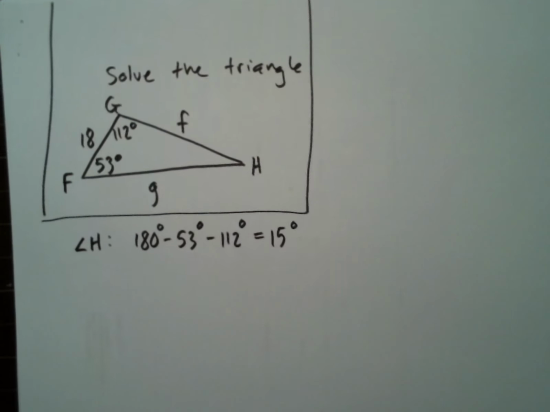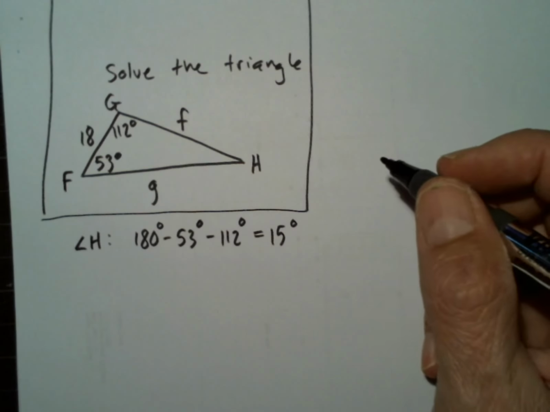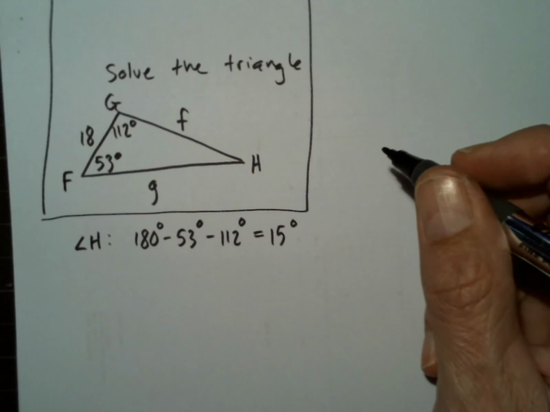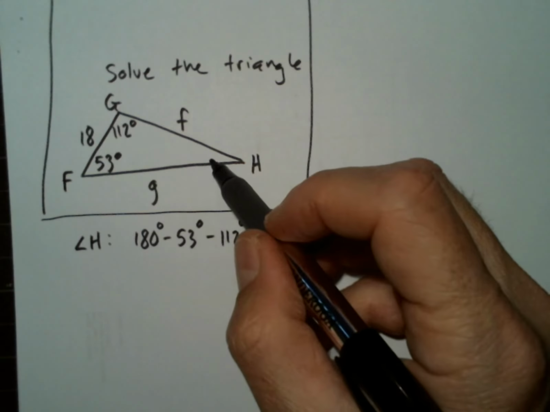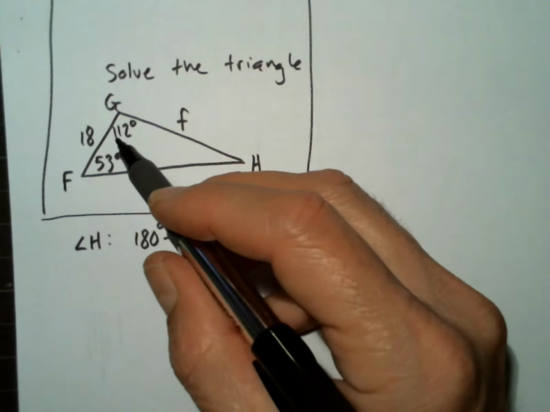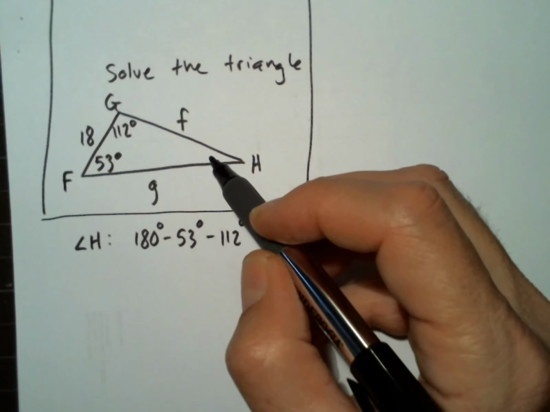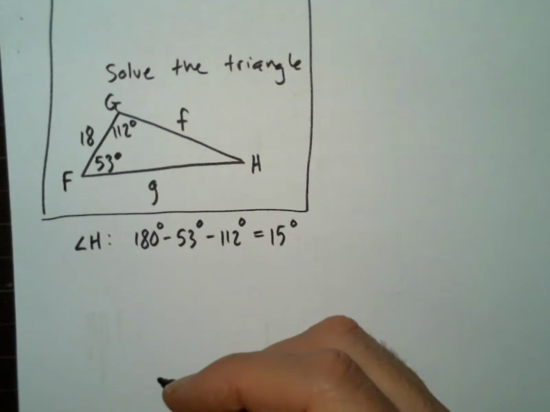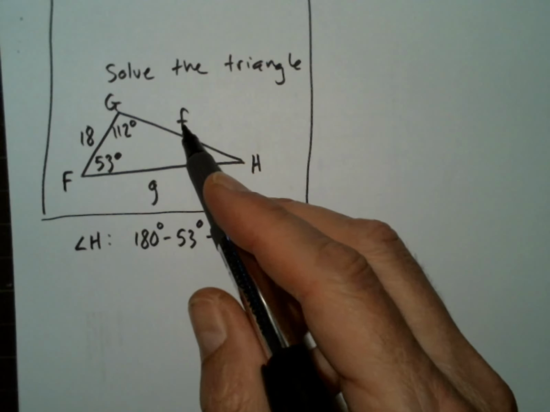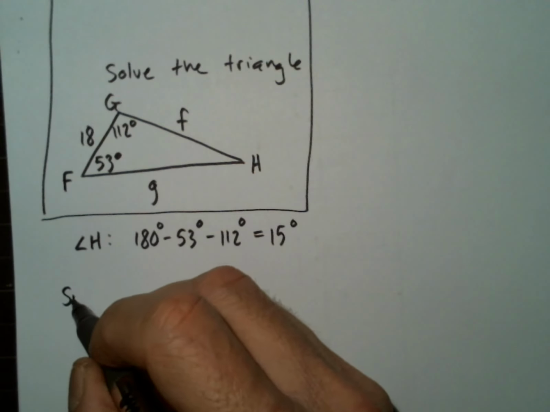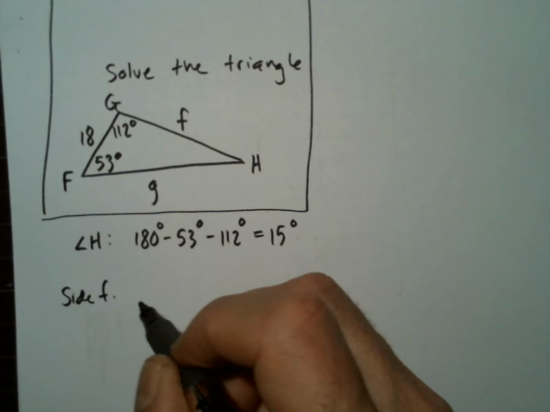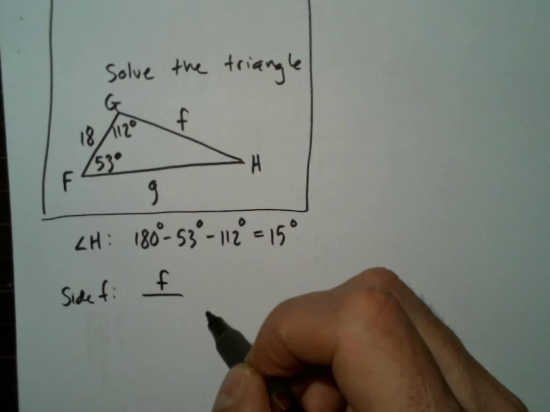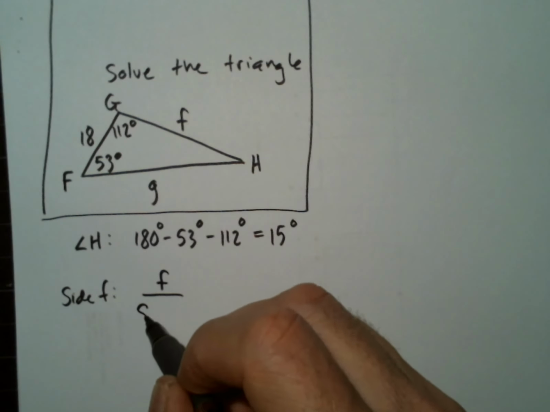Then, if we're going to do law of sines, we have to use opposites. We have to know a pair of opposite side and angle, and now we have 15 here and 18. So we know the opposites, and that will let us find the missing side. Let's find side F first. I want to find side F, so it's nice to put the variable in the numerator.